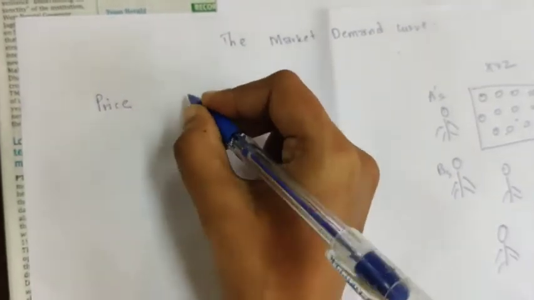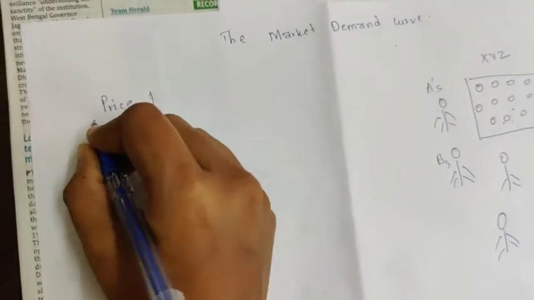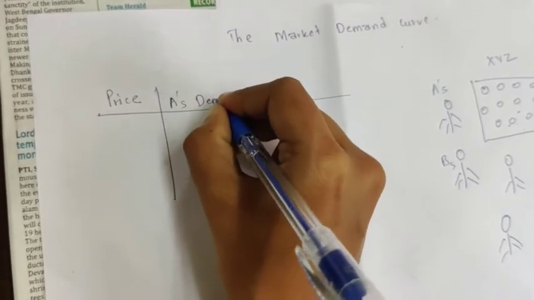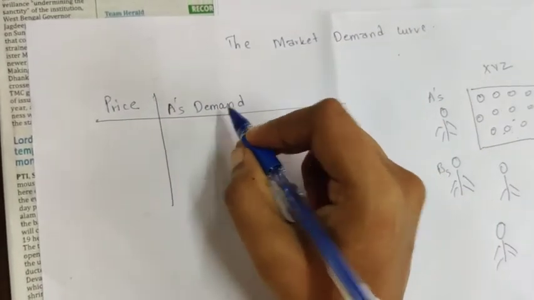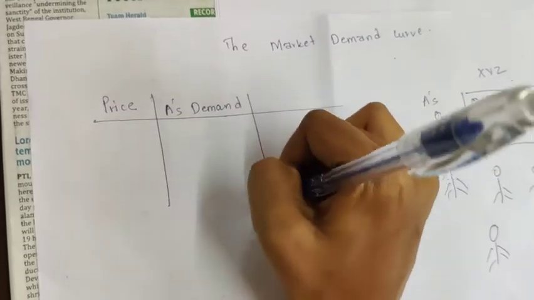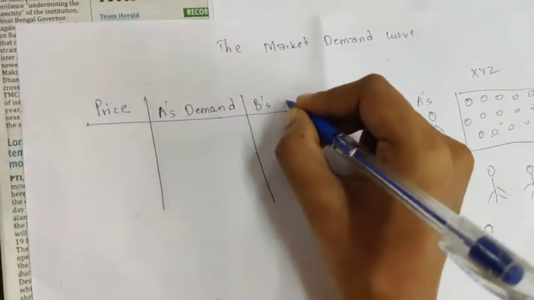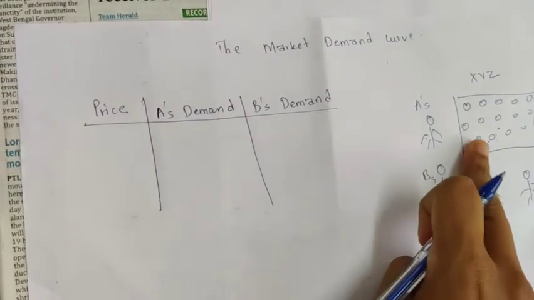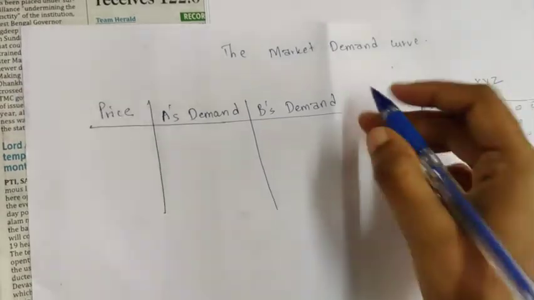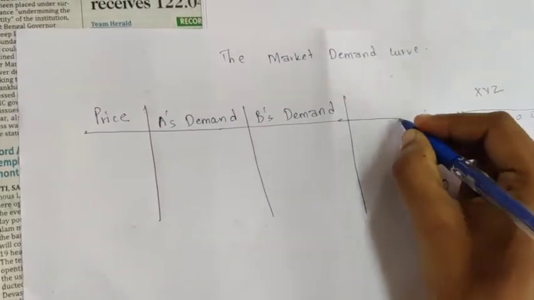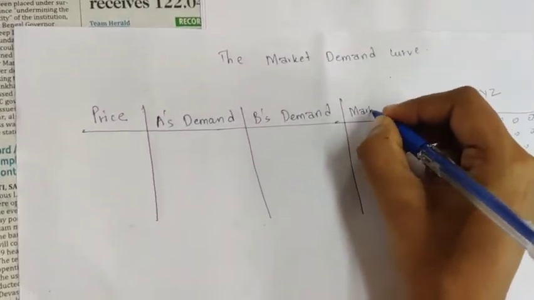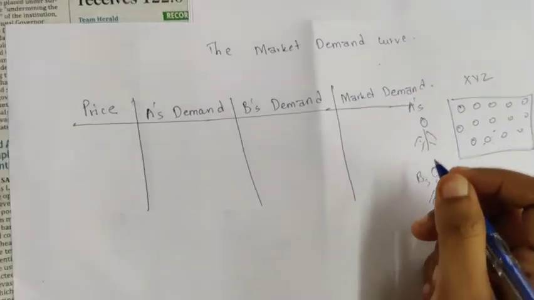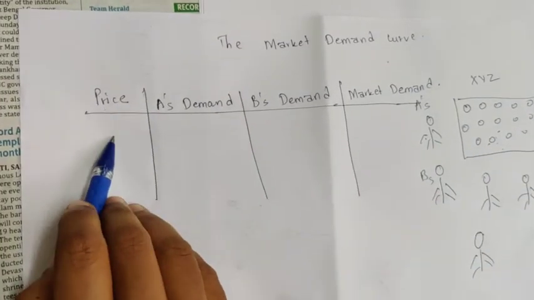First column we have price, second A's demand or quantity demanded by buyer A, B's demand or quantity of ice cream demanded by buyer B, and then lastly we have market demand. Understood?